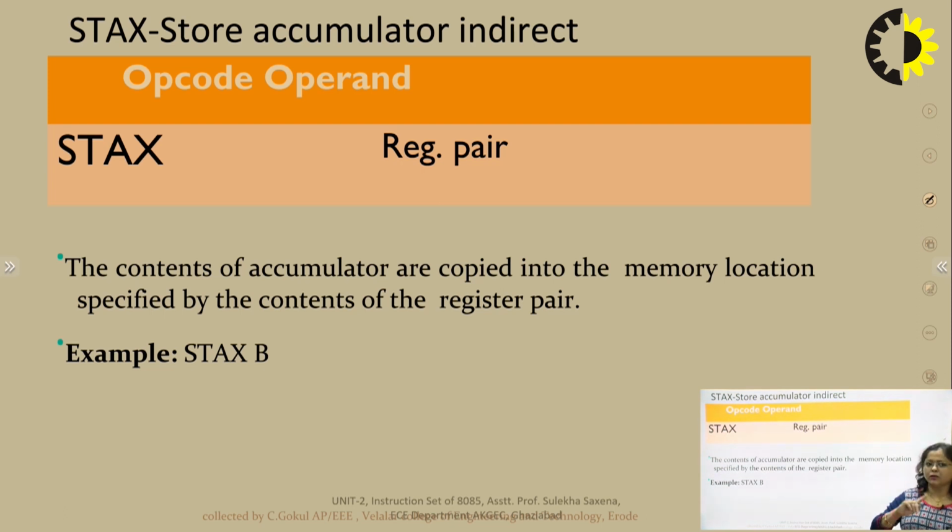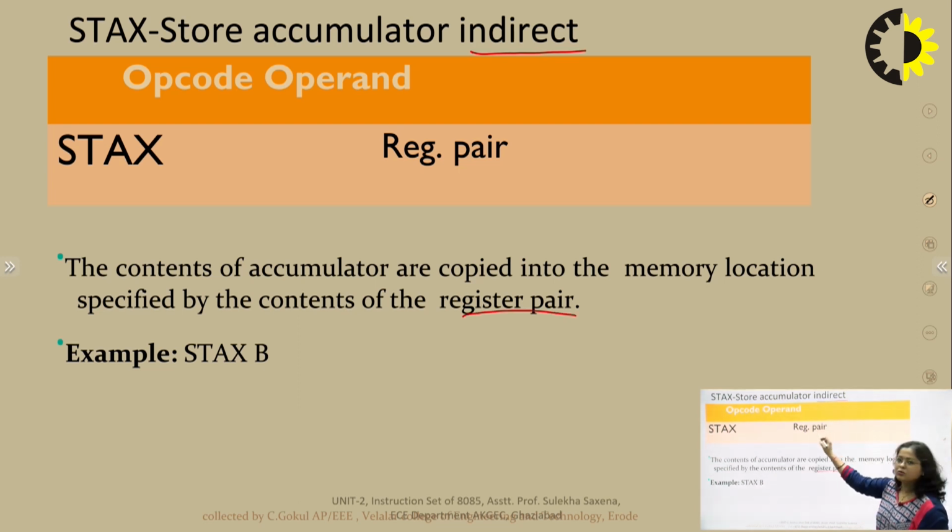Similar is the difference between STA and STAX. STA copies the accumulator directly to a memory address, whereas STAX copies the value of the accumulator indirectly to the memory address specified by the register pair. So this instruction is of indirect mode, and the content of the accumulator is copied to the memory location whose address is in the register pair.